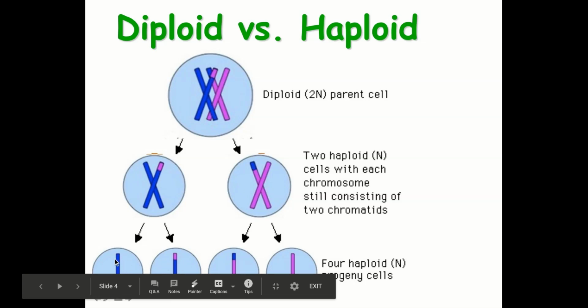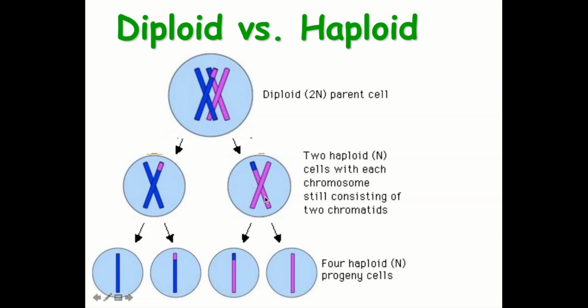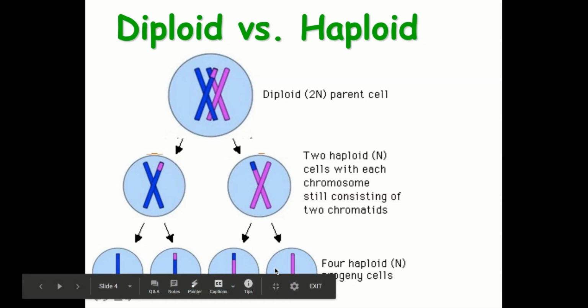Each got one chromatid from that blue chromosome, and here on the right, each daughter cell got one chromatid from this pink chromosome. But even though there's only one chromatid in each of these four daughter cells, these become individual chromosomes. Okay, so we end up with four haploid cells, each with one chromosome.